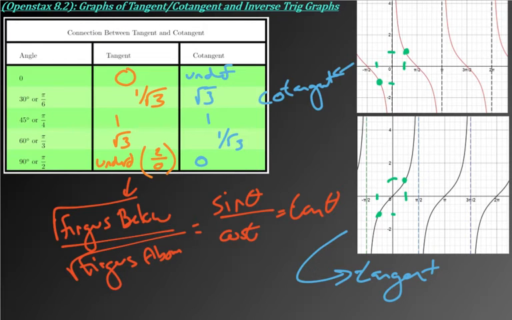What else do I want to point out? Notice when this gets really, really big, this is getting really, really small because it's the reciprocal, right? So as you go up in numbers here, you get like 10, 100, 1,000, and so on. If you do 1 over 10, 1 over 100, 1 over 1,000, this should be dropping.